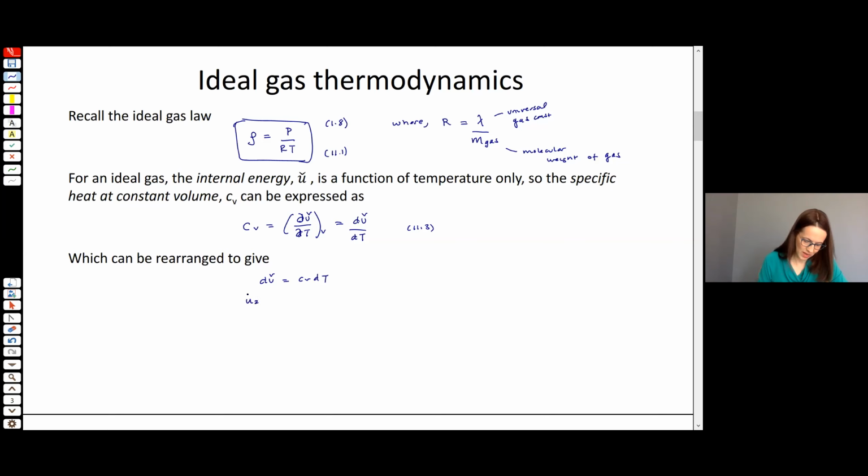And when we do that, we get the following. And if we now assume that this specific heat is constant, we can just integrate the right-hand side of equation 11.4 here.